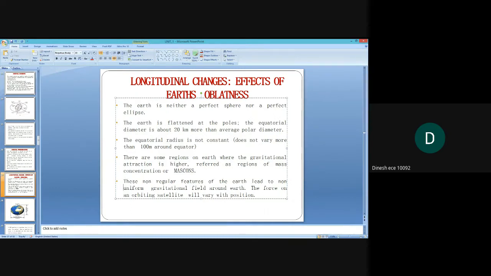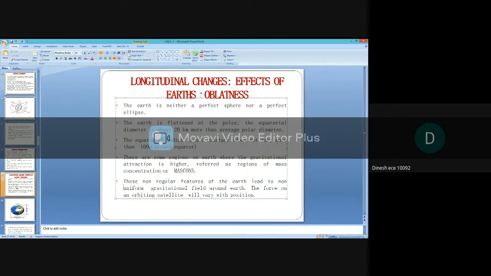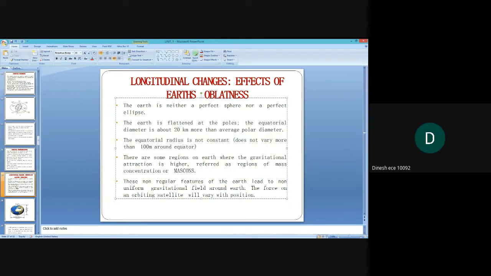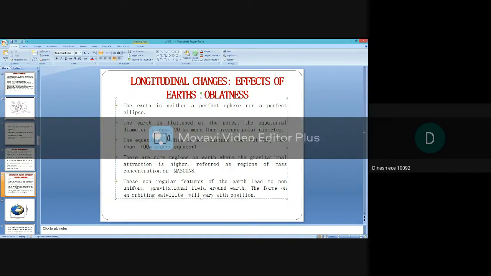So as the satellite orbits the Earth, due to this higher gravitational force, the satellite may get attracted towards the Earth and may fall down. When it moves towards the poles, it may not get proper area of coverage, and at the equator it will have lesser gravitational force. So, considering all these things, we have to design an appropriate satellite.